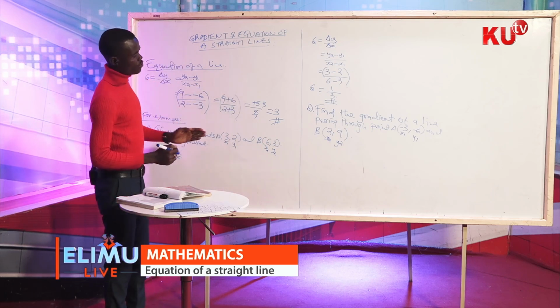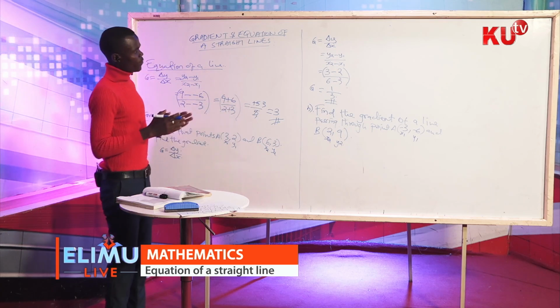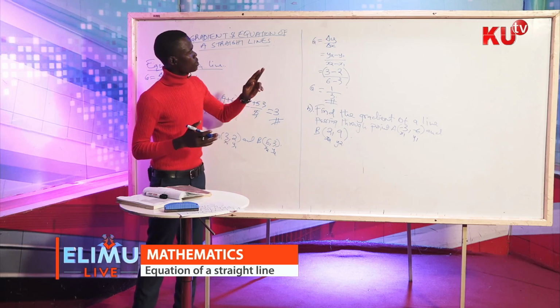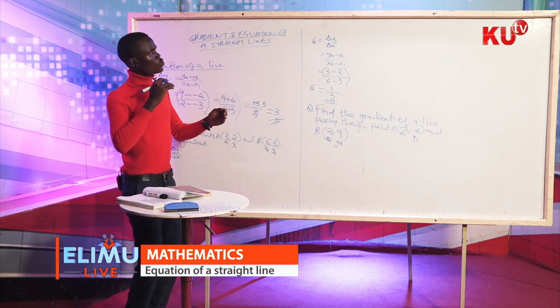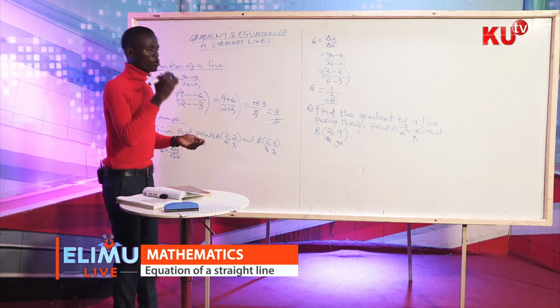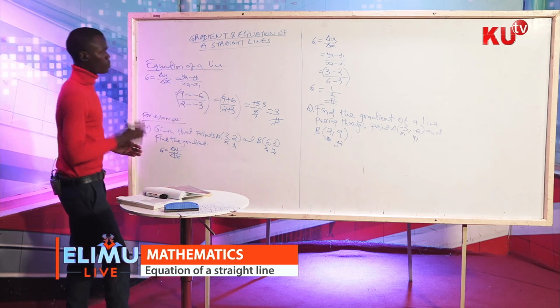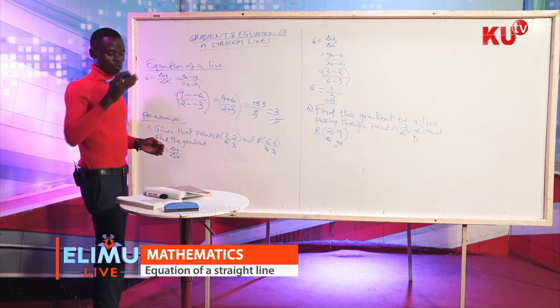Because the moment you've given them x1 and y1, x2 and y2, they will find it easier when they come to the formula, change in y over change in x. It simply means you take the y which is on the higher side minus the y which is on the lower side. And that is why we have decided to give them y1, x1, y2, x2.